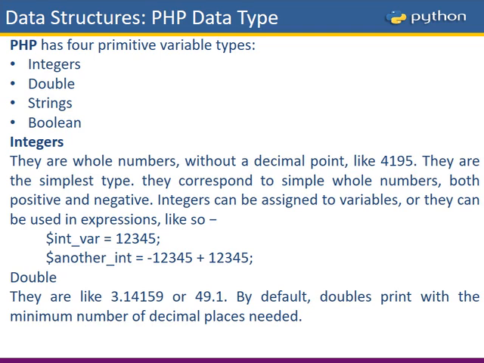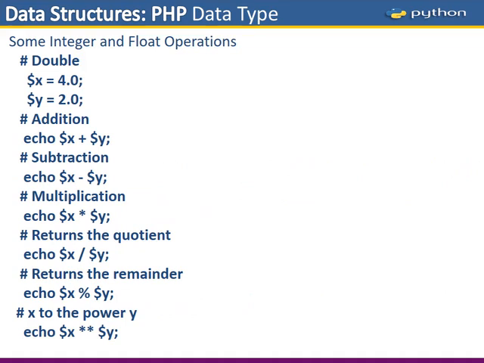Another variable type is double, which in Python is float. They are like 3.14159 or 49.1. By default, doubles print with the minimum number of decimal places. So we have an example of integer and float operations on PHP data types.